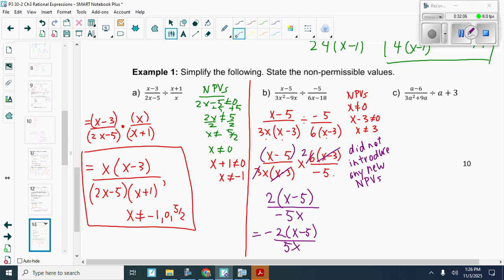You split the negative out. Yes. If the numerator was negative, then you would do a negative times a negative and it would become positive. And then we would just state our NPVs. x cannot equal 0 and 3.